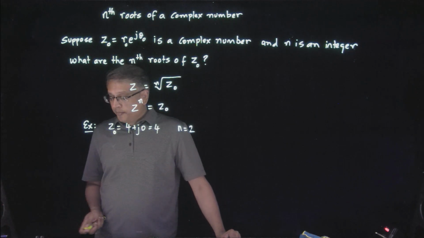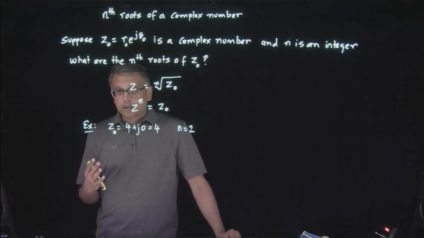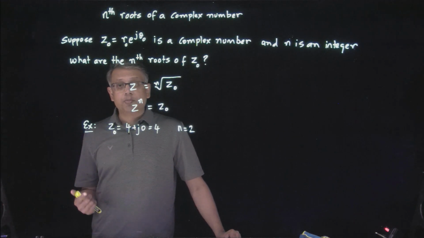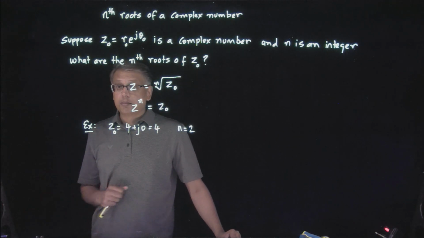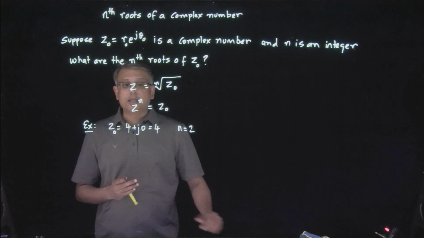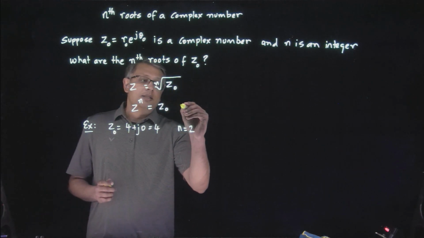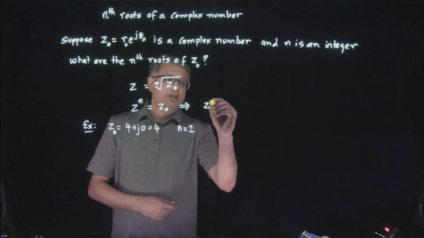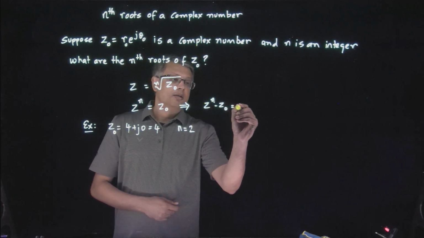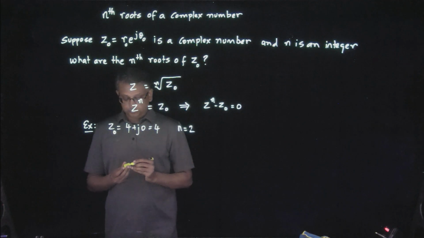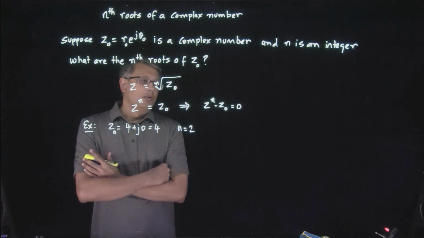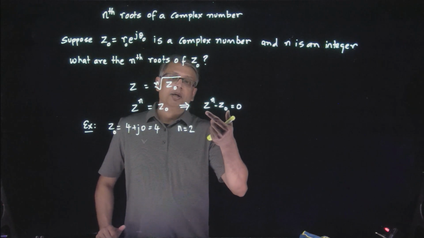In the same way, there are going to be n complex numbers, which when you raise to power n are going to give you any given complex number z naught. And to see that, you can take this equation and think of this as the equation z to the n minus z naught is equal to 0. Now, think of this as a polynomial in z.